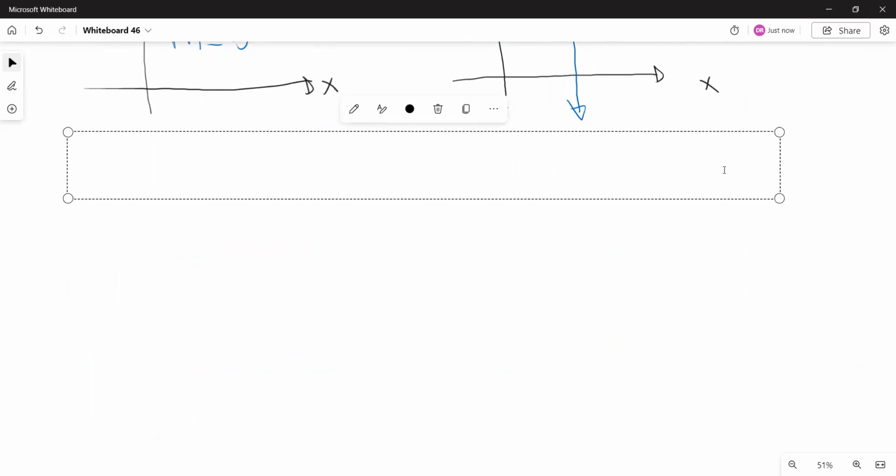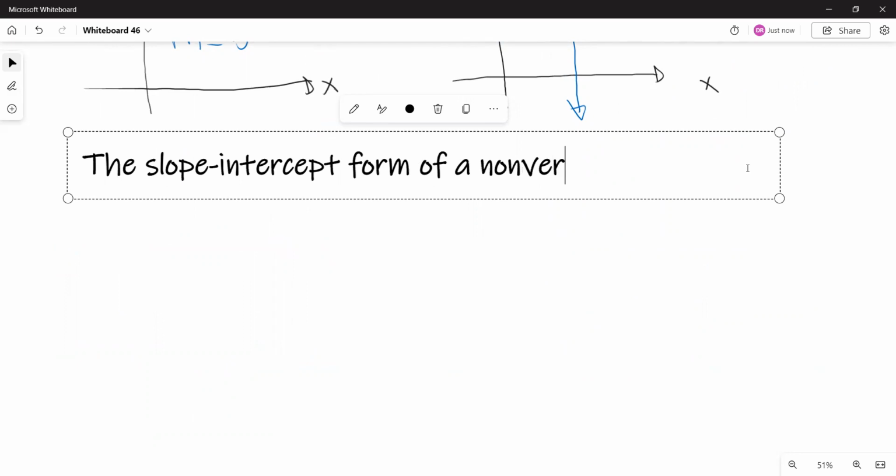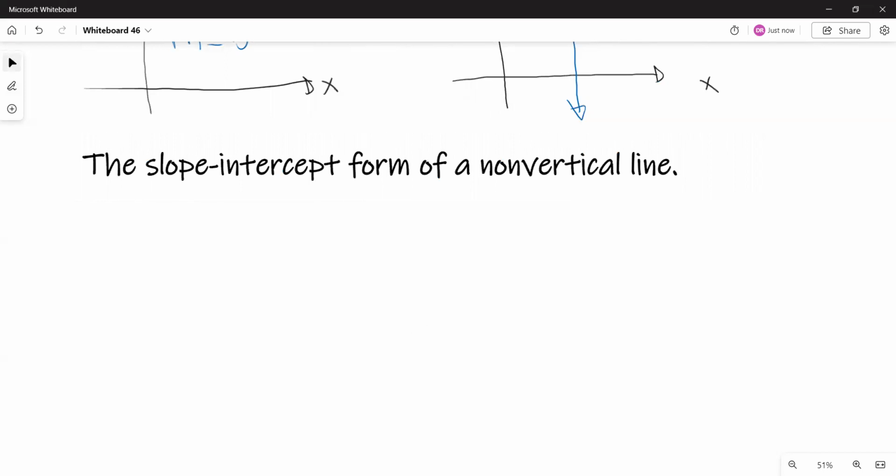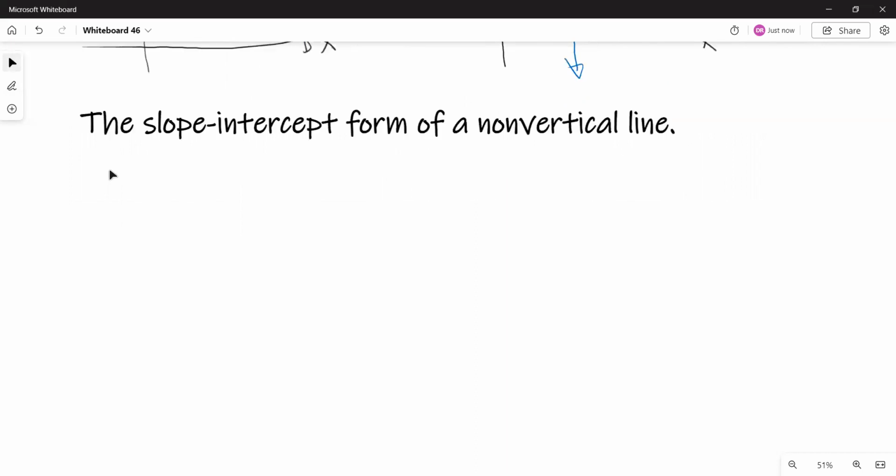So if the line is non-vertical, we can always write it in slope-intercept form. So I'll copy this definition on page 313.